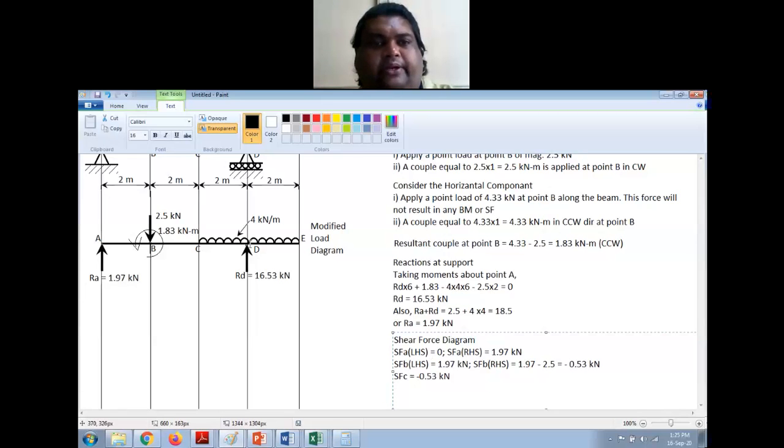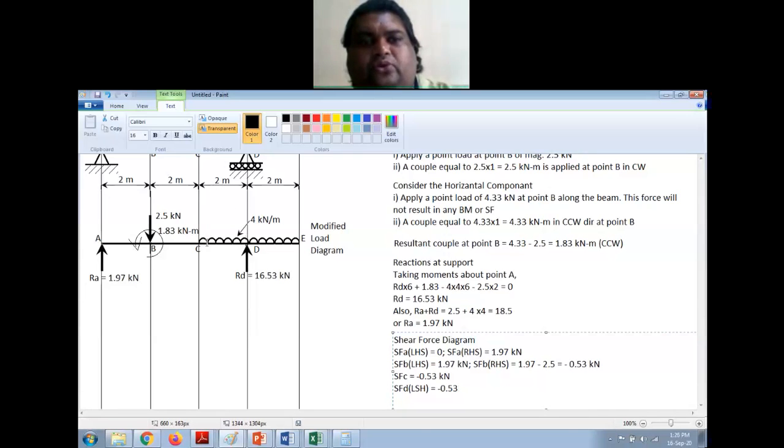Then come to point D. So SFD, here I have a vertical force, so there will be sudden change. So you will have LHS RHS here. LHS is equal to minus 0.53. You have to take the previous value always. So minus 0.53. Now between C and D I also have a UDL. The intensity of this UDL is 4 kilonewton per meter. This length is 2 meter.